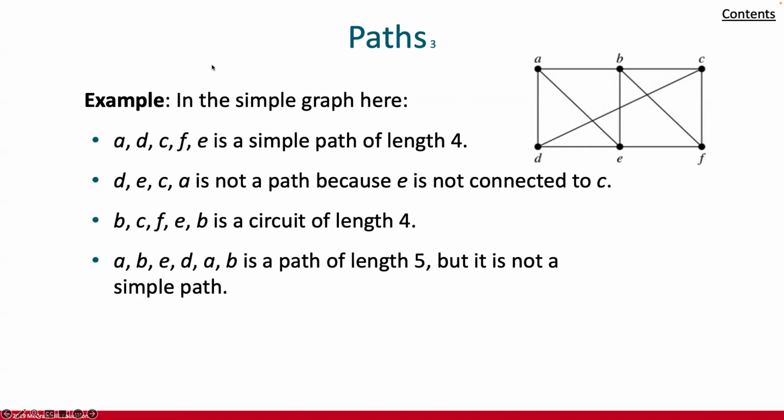Here we can be thinking of a path in a simple graph. So A, D, C, F, and E. Sorry, A, D, then going to C, and then F, and then to E. I'm not going to use my tool to annotate the charts, but you can see this, and you can see what are paths and what are not.